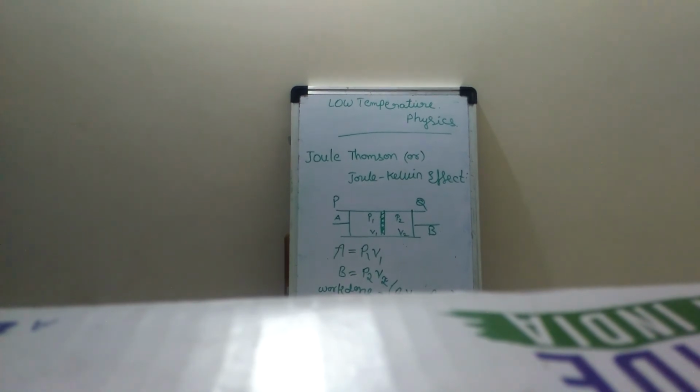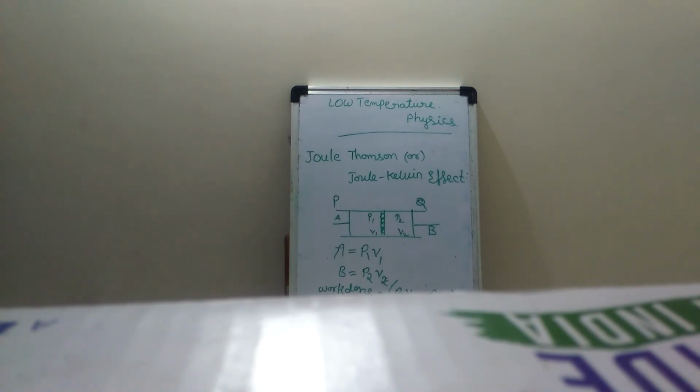As the system is thermally isolated, this work must have been done at the expense of the internal energy of the gas. Hence, this will be equal to the internal energy change U1 minus U2.